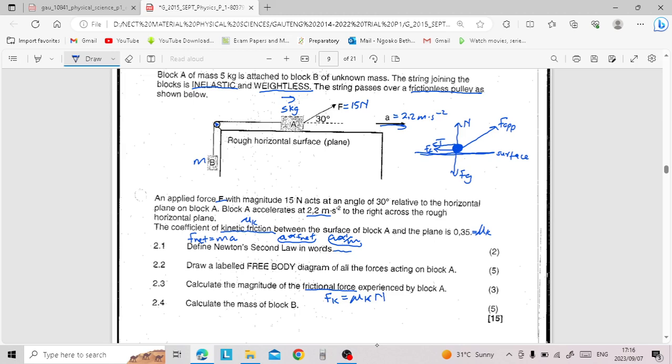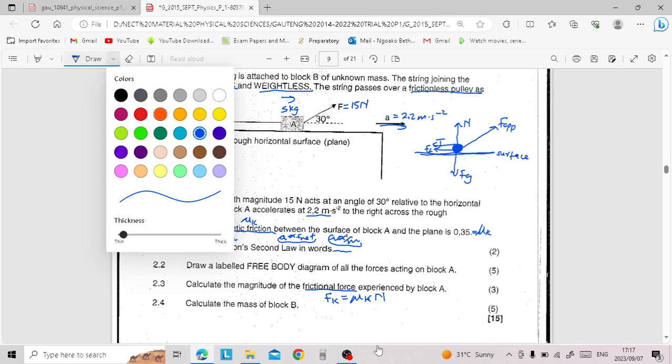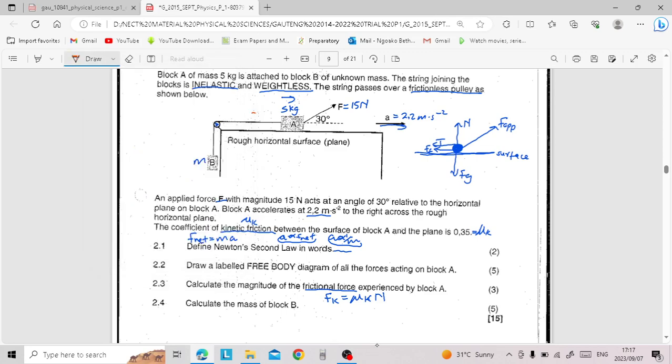So let us calculate the normal force first.